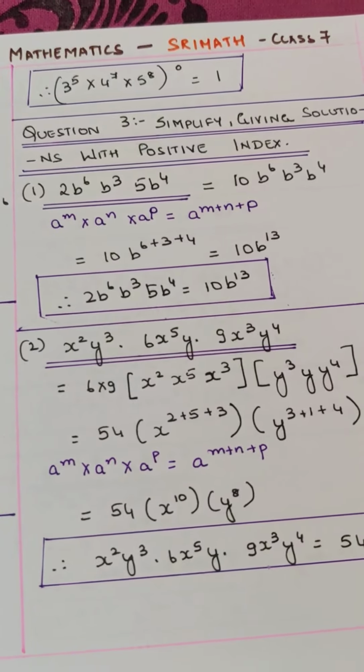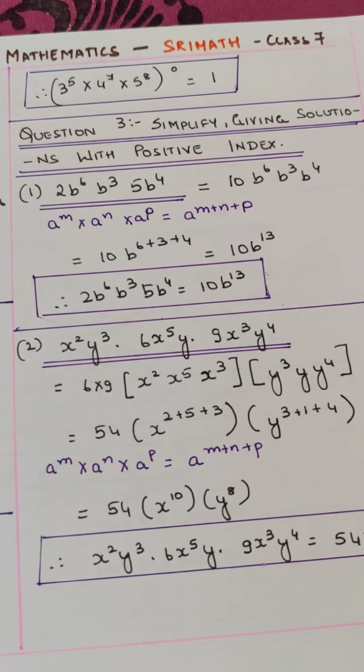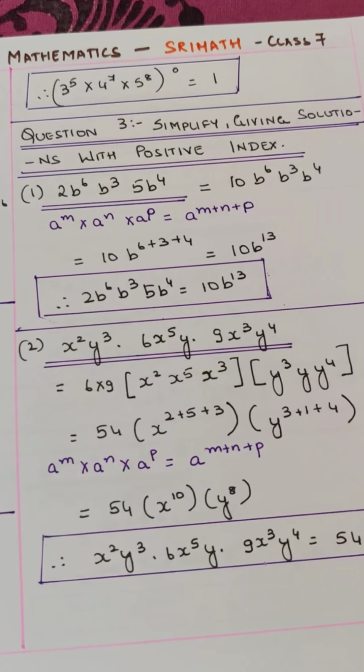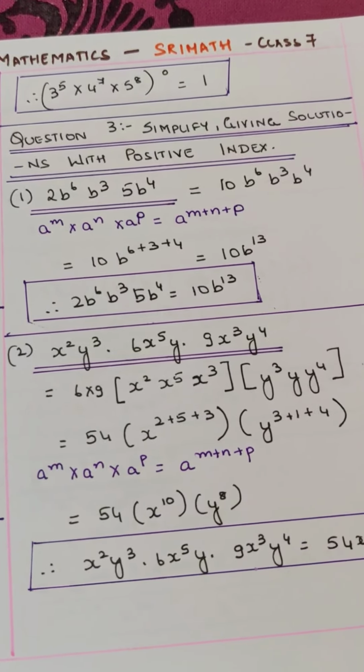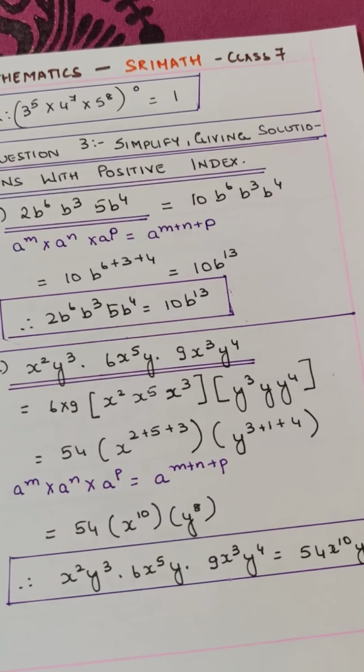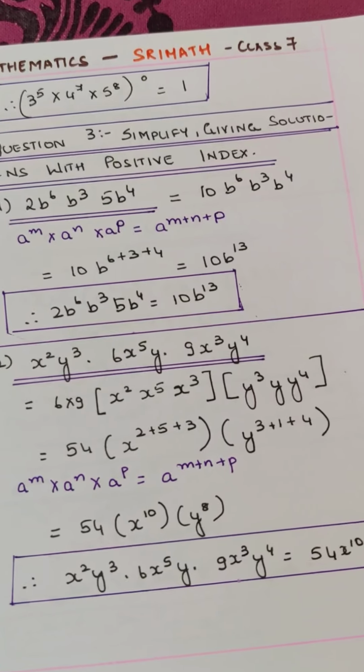So 6 into 9 will become 54, x to the power of 2 plus 5 plus 3, that is using your product law. a to the power of m into a to the power of n into a to the power of p is equal to a to the power of m plus n plus p. So it becomes 54 into x.